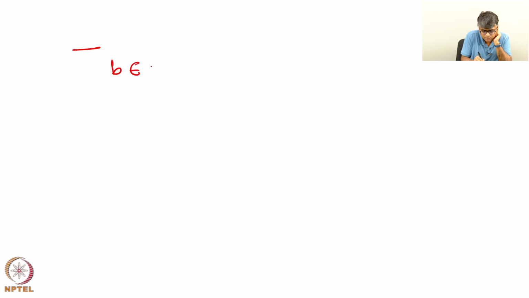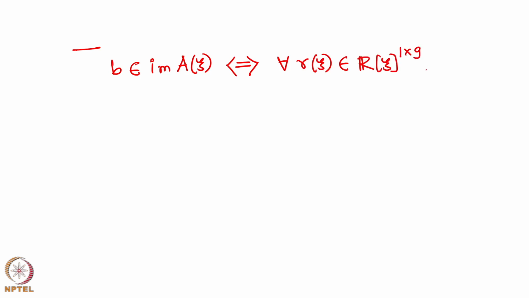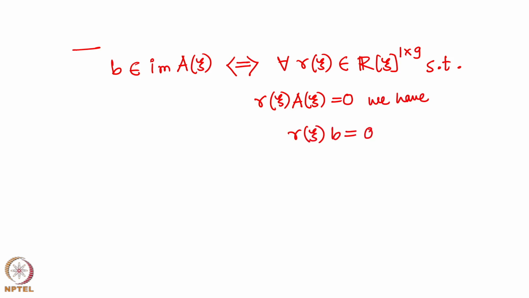B belongs to the image of A(ξ) if and only if for all R(ξ) such that R(ξ)A(ξ) is equal to 0, we have R(ξ) acting on B also is equal to 0.